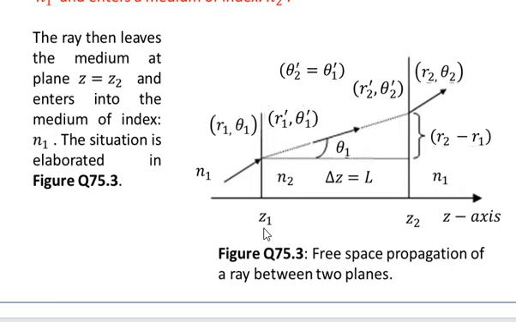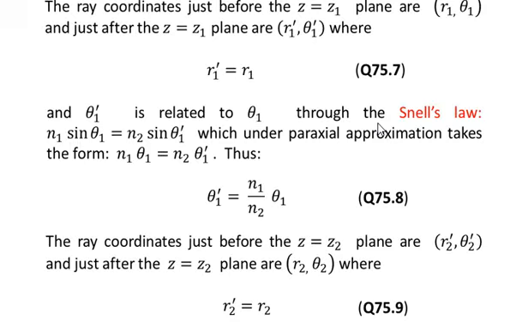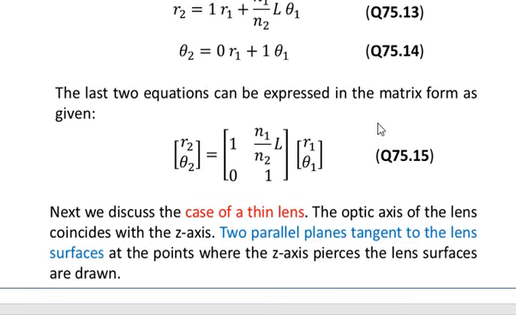So outside the region of Z1 to Z2 the refractive index is N1, and within the region bounded by Z1 and Z2 the refractive index is N2. And for this system we have also solved the matrix, which we obtained as in equation number 15.